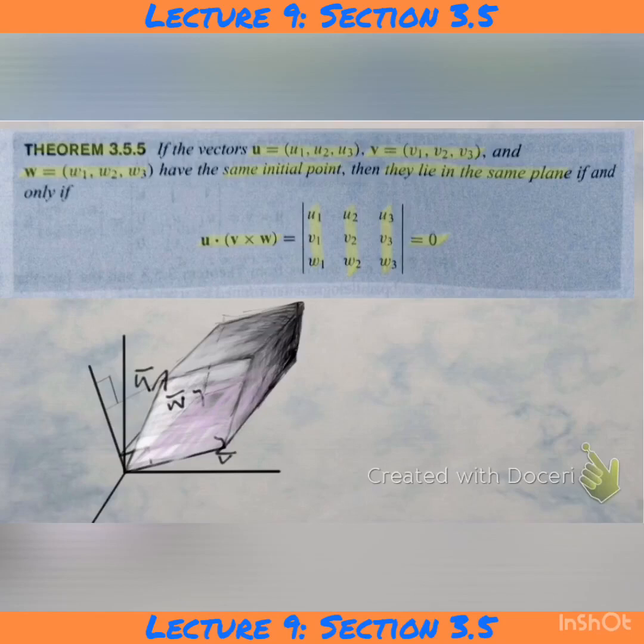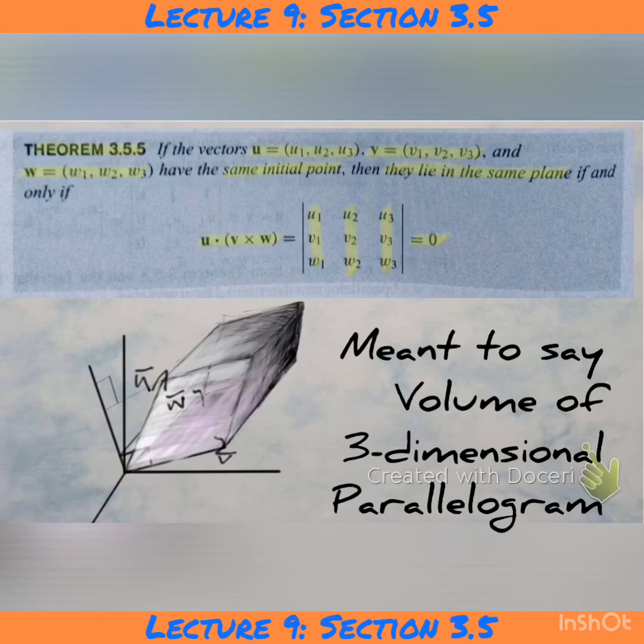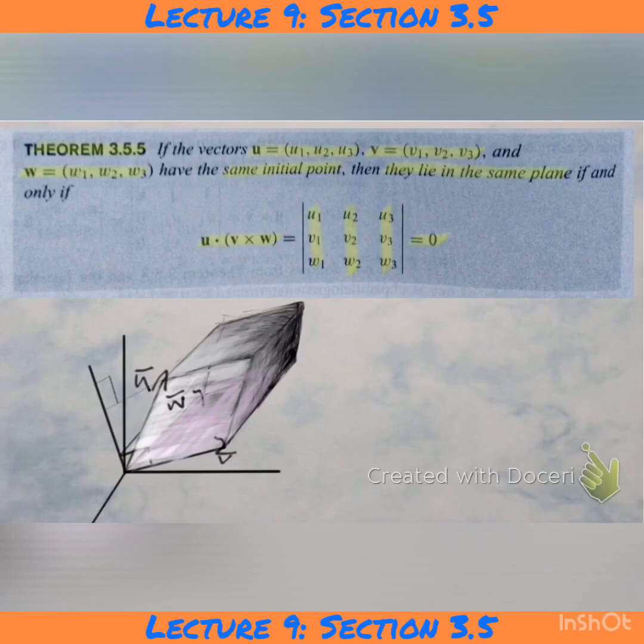The other case where this 3-dimensional parallelogram will have volume 0 is when it has 0 height. And that will occur when the vector u lies in this plane here. So in both those instances, we will have a 3-dimensional parallelogram that has 0 volume.